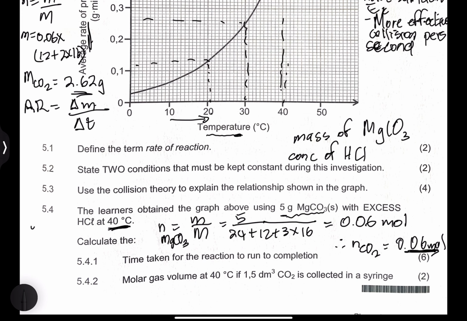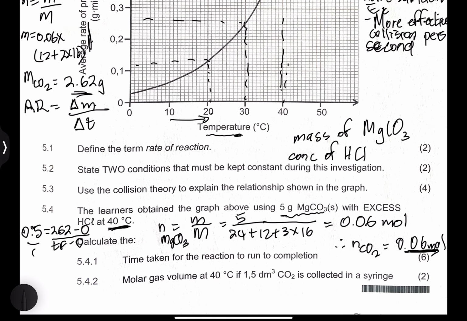So change in mass. Remember, my rate of reaction is 0.5 at 40 degrees. In this case, my mass final is what we just got, 2.62. Mass initial was 0, divided by time final minus 0 again. All you simply do is cross multiply.